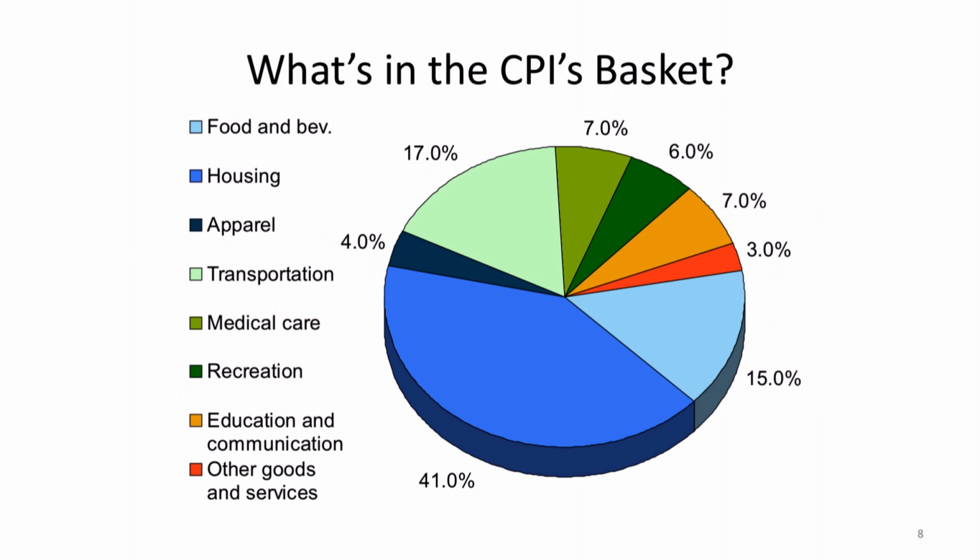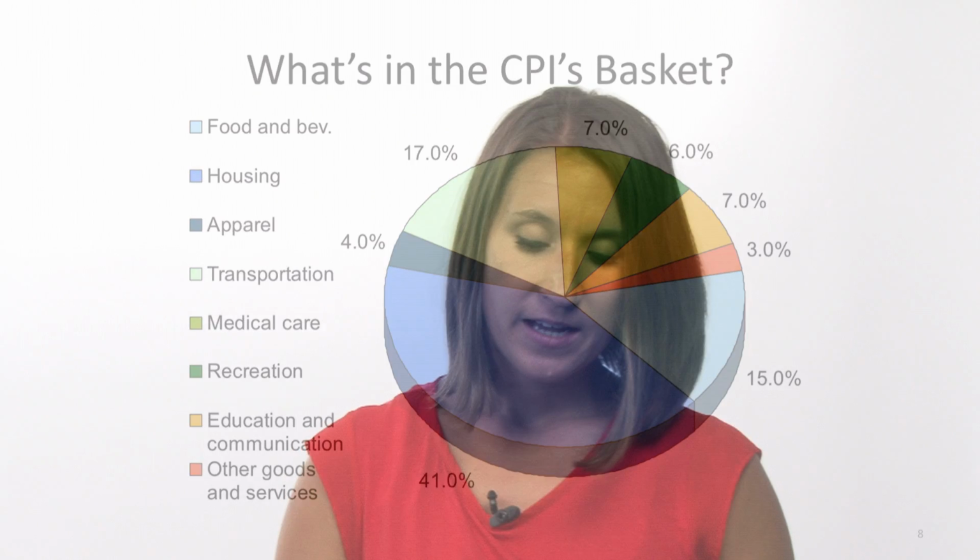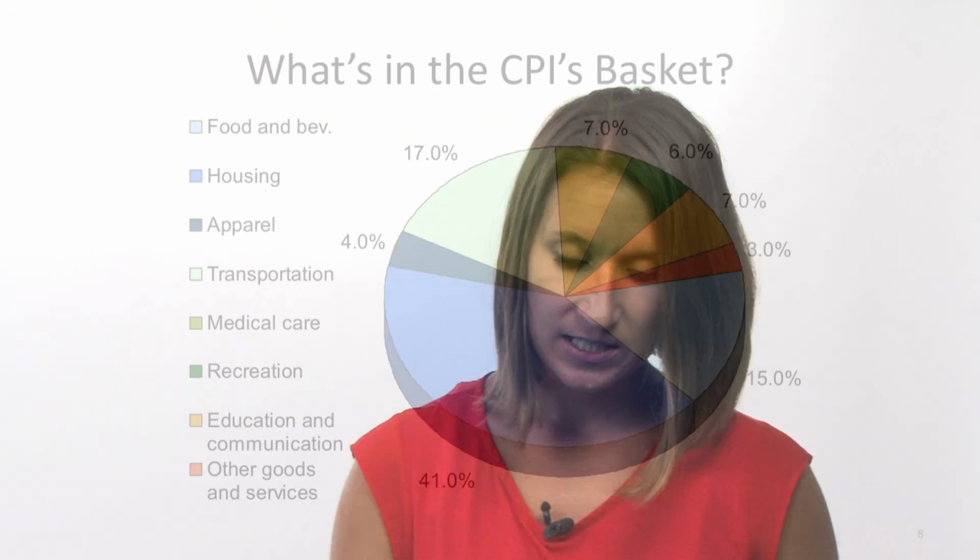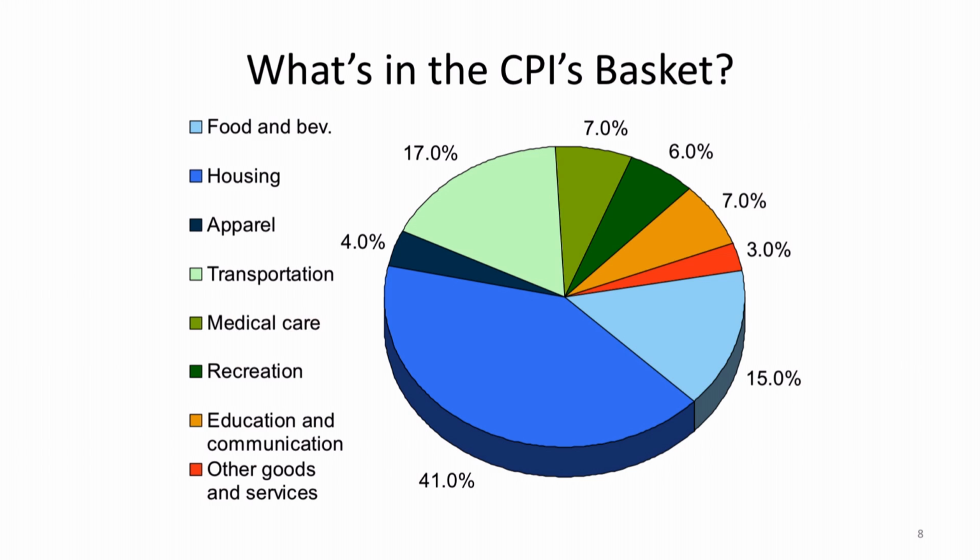So what is in the basket? We know that each country calculates the price index based on what the typical consumer is consuming. As you can see here, this is what's in the CPI basket for the United States. The biggest chunk is going to be made up of housing, so the biggest expense for the typical household is spending on housing.